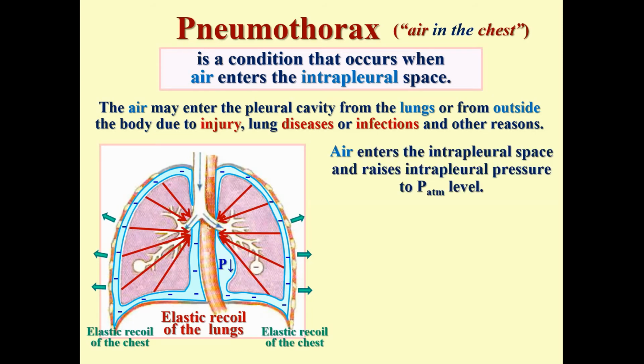And if air is able to enter, it enters, and the difference of pressures disappears, and the negativity may at least decrease or disappear altogether. And if it becomes equal to atmospheric pressure, there is no more force that keeps the lungs stretched.